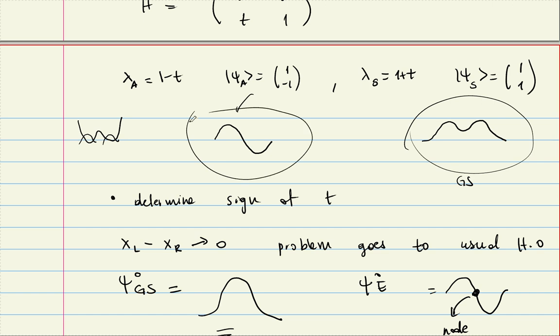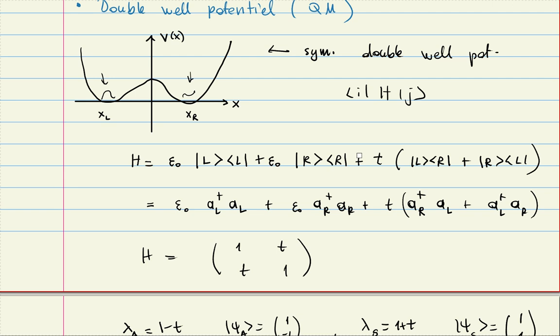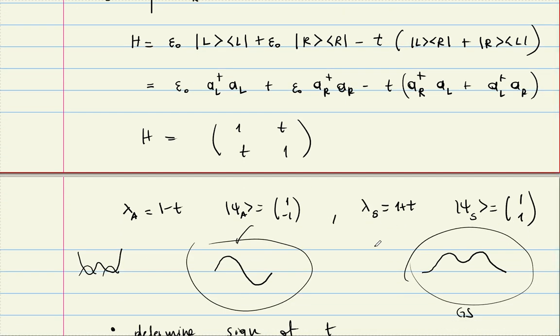And this has to be the excited state. So in this form it seems like this is the ground state, but now we figured that t actually has to be negative. A better way is to take t to be positive and write minus here, and put a plus here, and a minus here. Okay, so this is the ground state.